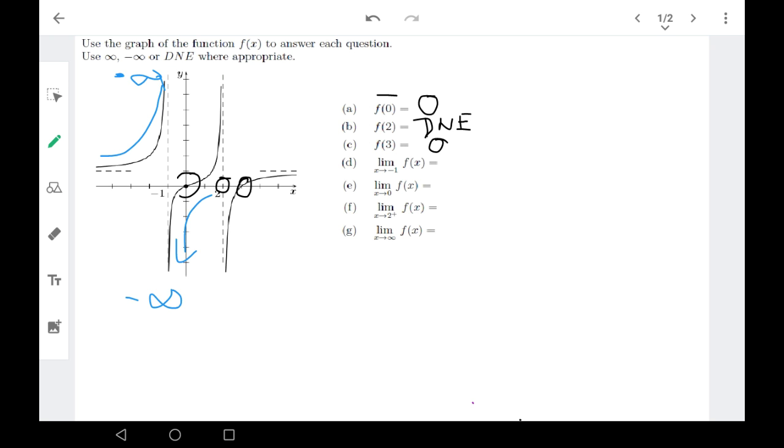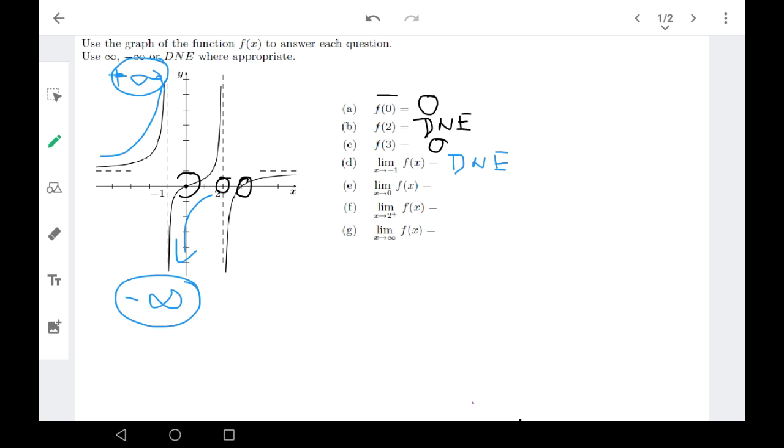Since from one side I'm approaching positive infinity, and from the other side negative infinity, the graph will never meet at that x value. So that means that the limit does not exist, right? If the one-sided limits are different, then the limit does not exist.